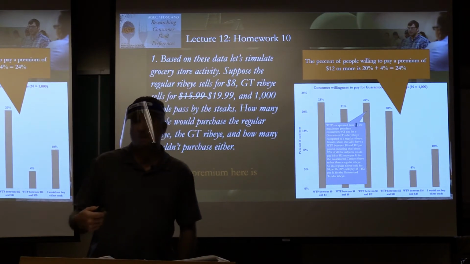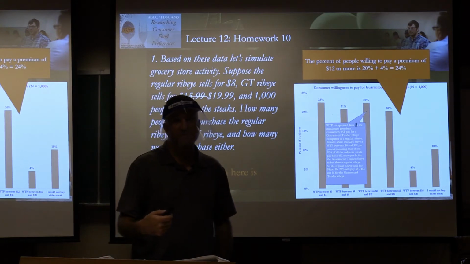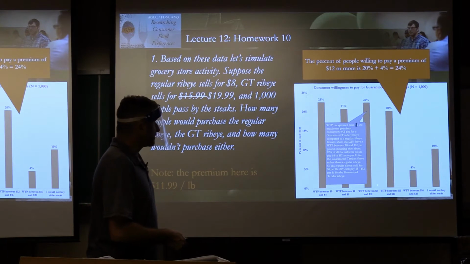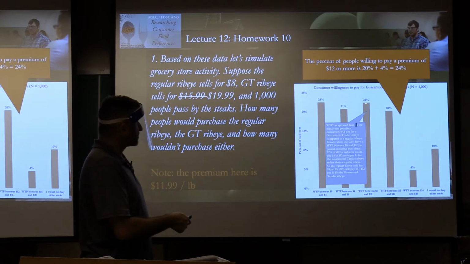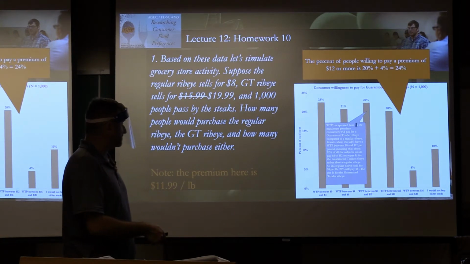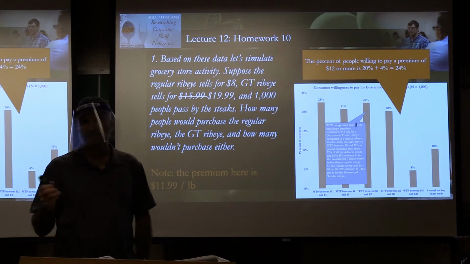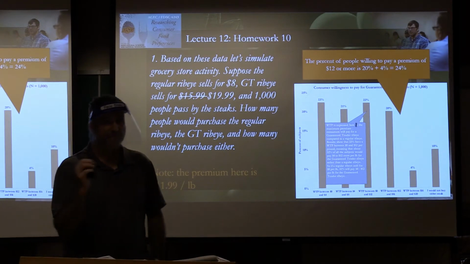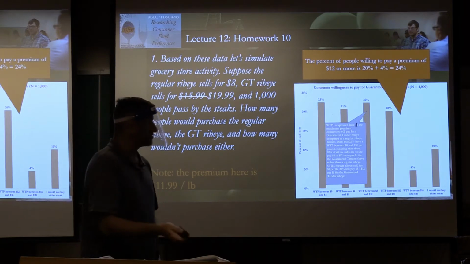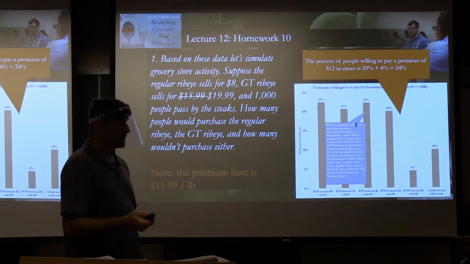And so the question now is what percent of people will pay more than that? Well, we look here, and we see there's 22% of people who will pay between 8 and 12. Now, would those people buy the guaranteed tender ribeye? So the extra cost is $11.99.